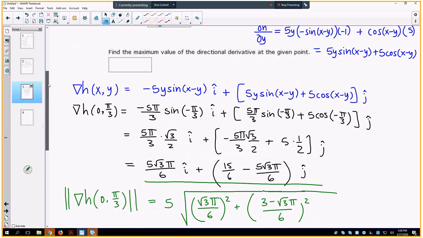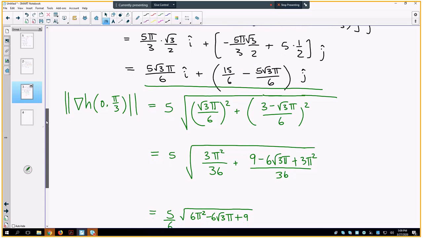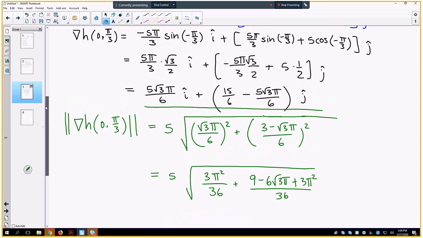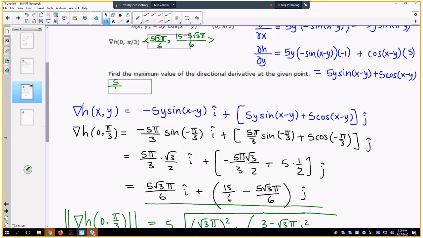And whatever that value is, that should be the maximum value of the directional derivative at the given point. So let's write that in. That's 5 over 6 times the square root of 6 pi squared minus 6 square root of 3 pi plus 9. And that answers the question.